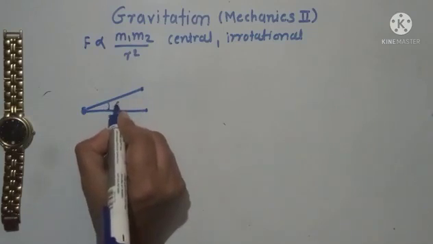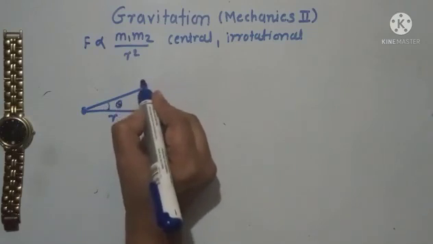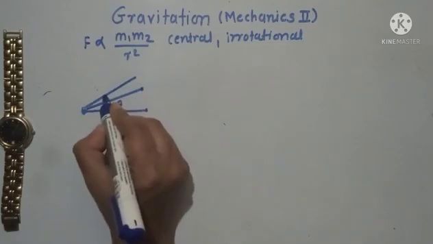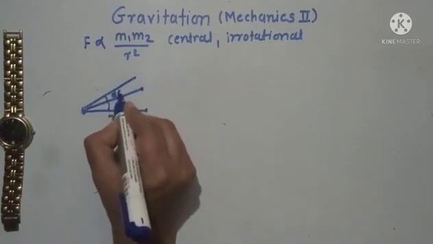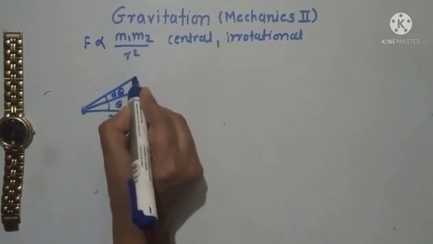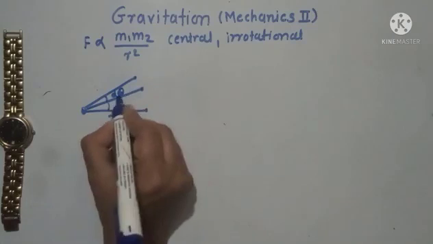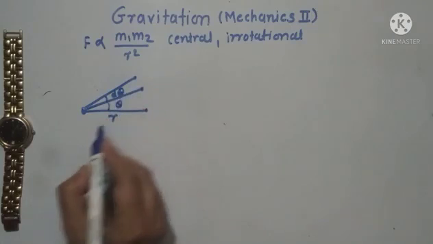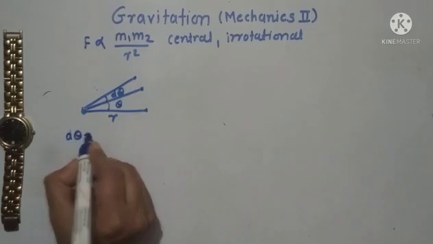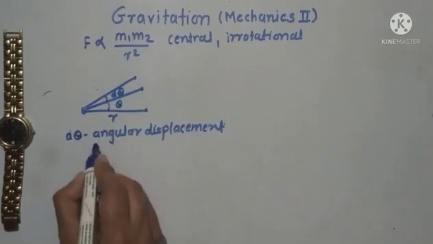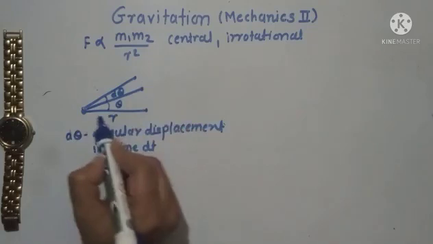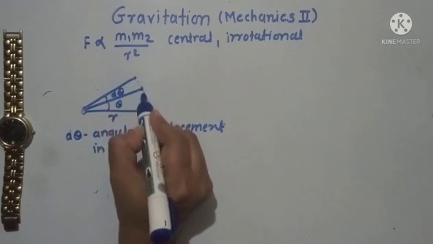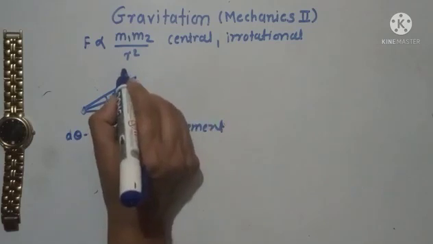Let this angle be theta, and suppose after time dt, the angle covered by the Earth is d theta. So d theta is the angular displacement in time dt. Now we know that this Earth is revolving in an elliptical orbit around the Sun.